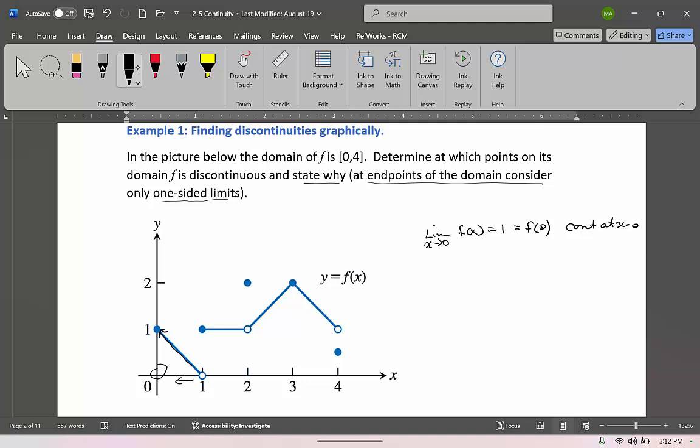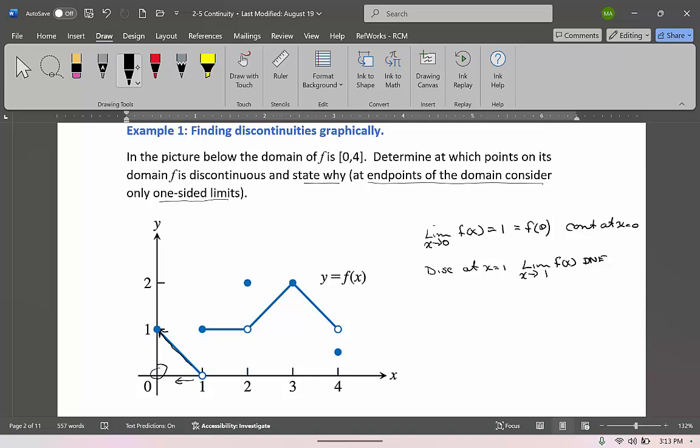So it's going to actually have a discontinuity here at x equal 1. And so it's going to be discontinuous. And that is because the limit as x approaches 1 of the function does not exist.